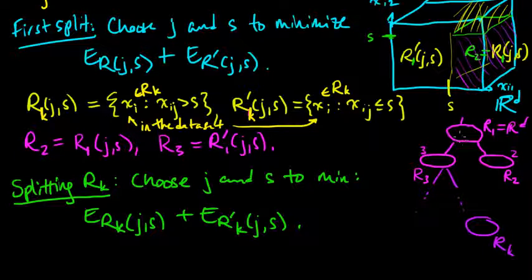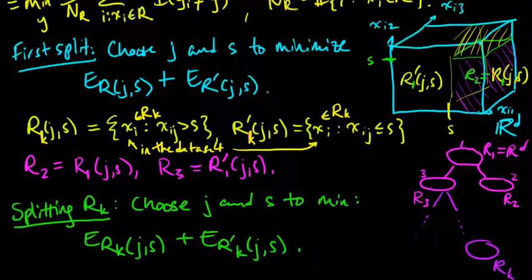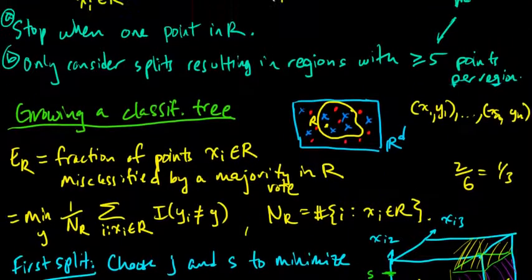We get this infinite tree if we were to just continue doing this forever, but we'll use a stopping criterion just like before in the regression case. A better stopping criterion than stopping if there's only one point would be only considering splits when the resulting regions would contain some minimum number of points, say 5.